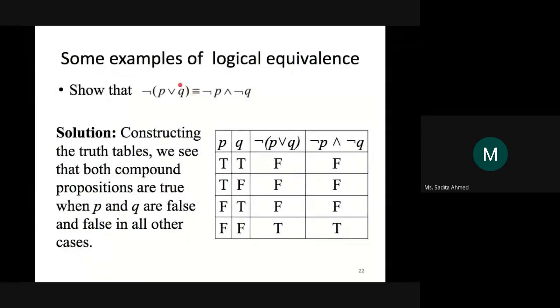Also, I want you to bear in mind that this is an equivalence. So you can go to the right hand side from the left hand side, or you can go in the opposite direction. Why I'm mentioning that is that it is not always going to be the case that you have to distribute the negation to the expression inside.